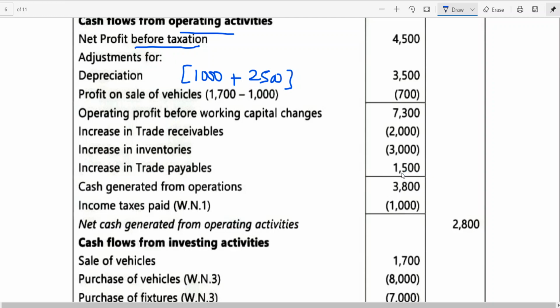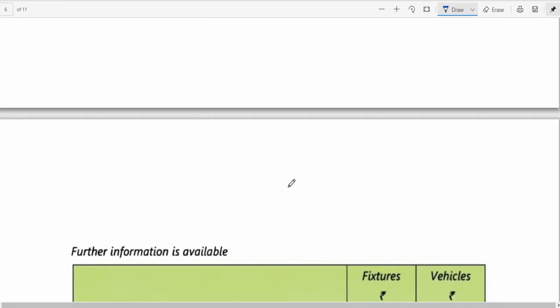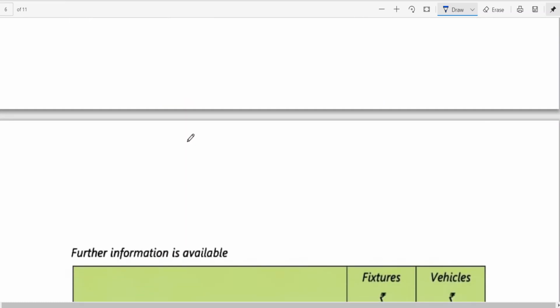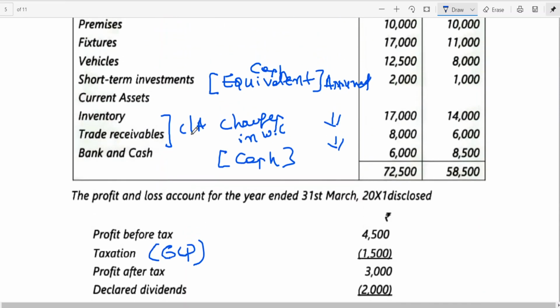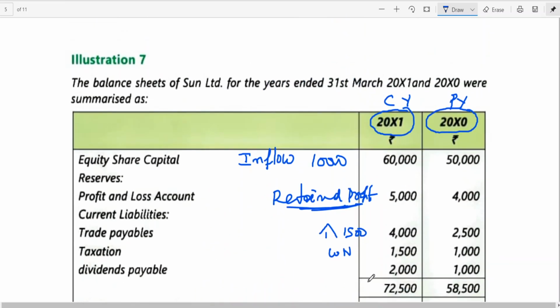Next, the income tax payment working notes will be the same as the previous one. What is the income tax that has been given? Taxation expenses are 1500. To this taxation expenses, you need to add the liability at the beginning of the year, that is 1000.